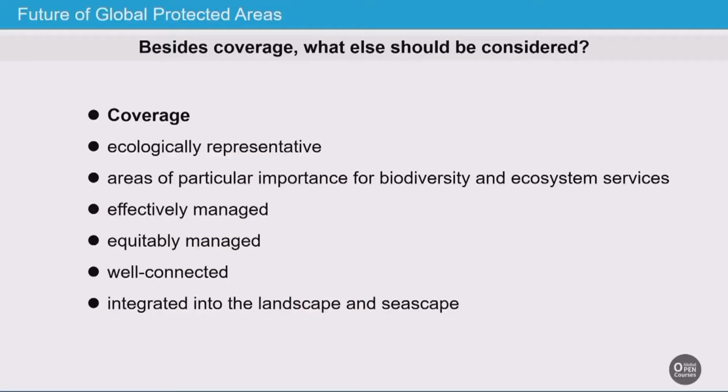And also it should be integrated into the landscape and seascape, a wider landscape. That's why we will discuss nature conservation, agricultural areas and urban areas, because only considering nature conservation in protected areas is not enough. Even if we protect 50% of the earth, what about the other 50%? So it should be integrated into the landscape and seascape on a wider scale.